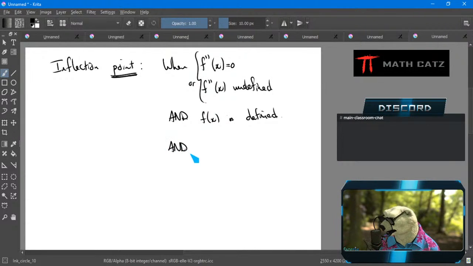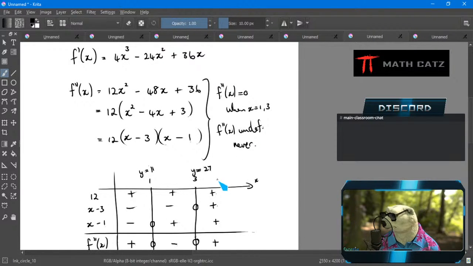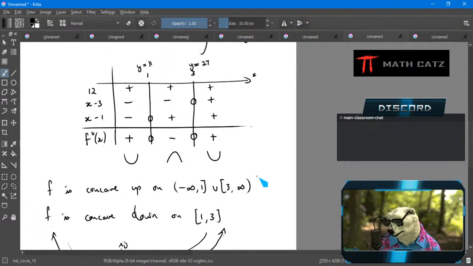But, of course, it can't be perfectly the same. There's another and. The concavity, or the bend in the graph, must change as I cross that x value. I read that off my table. See how it changes from a plus to a minus: inflection point. Minus to a plus: inflection point.